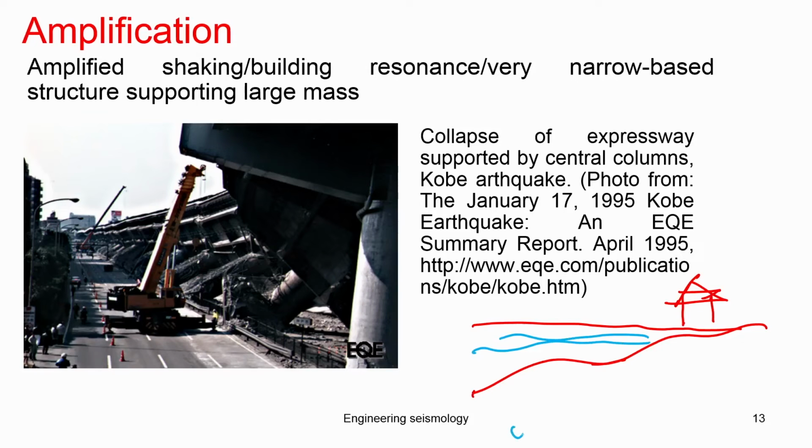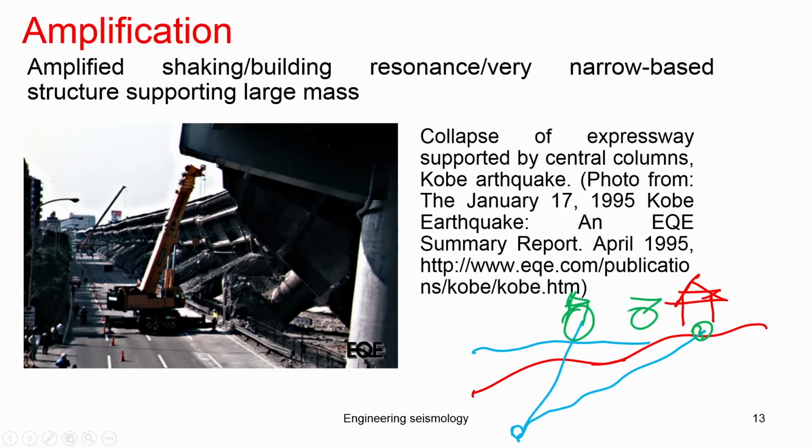When the earthquake starts from here, it radiates in different directions. If you have a house here and another house here, it depends upon the wave at this place and this place.